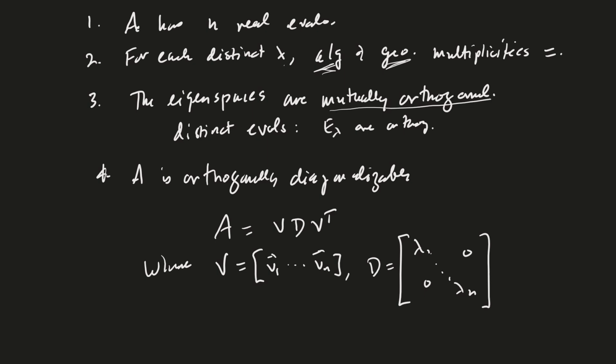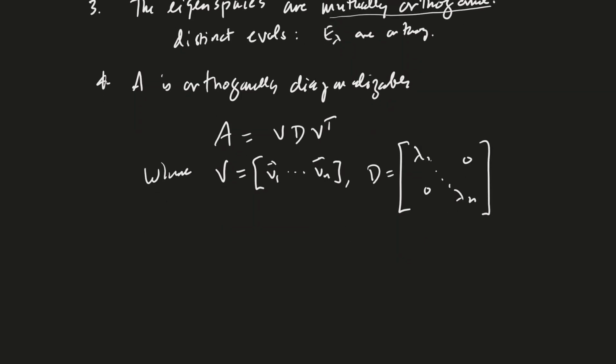And the columns of V are orthogonal, so we might as well make them orthonormal. So V is orthonormal. Good. And so therefore V transpose is equal to V inverse.